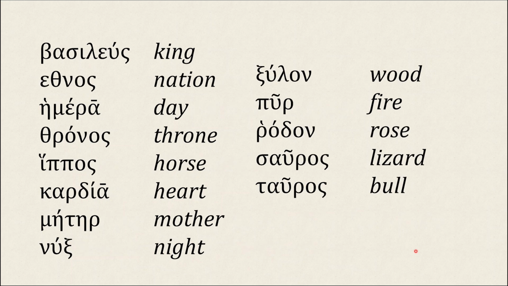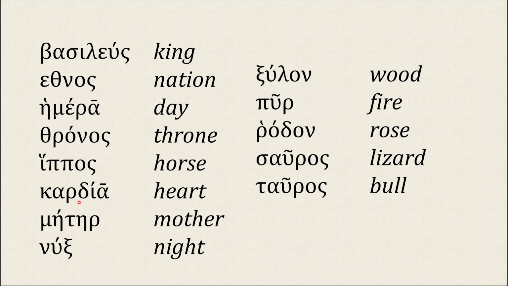These are the words from previous letters that we can now say, because we know all the letters in them. Basileus. Basileus is king. Ethnos. Oh, wait, it's missing an accent there for whatever reason. Ethnos. Hemera. Thronos. Hippos.